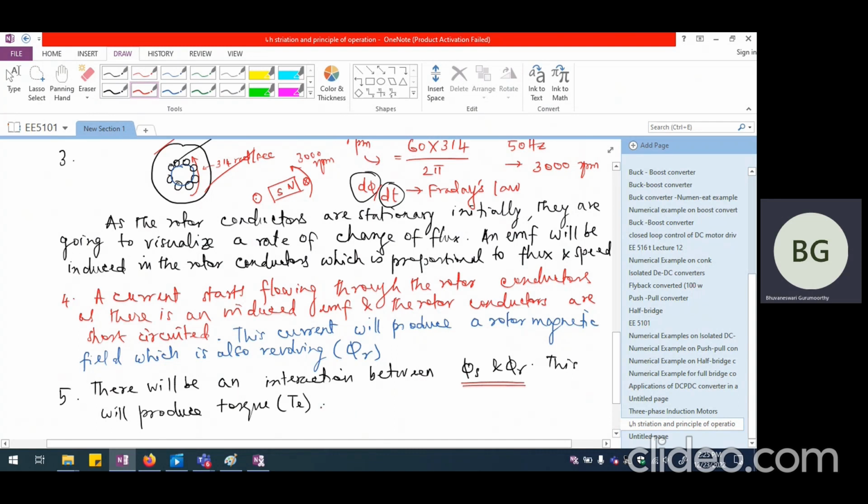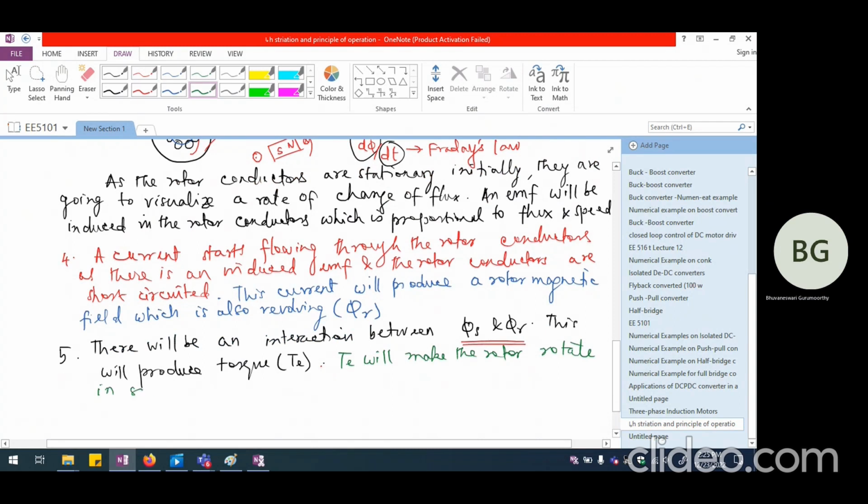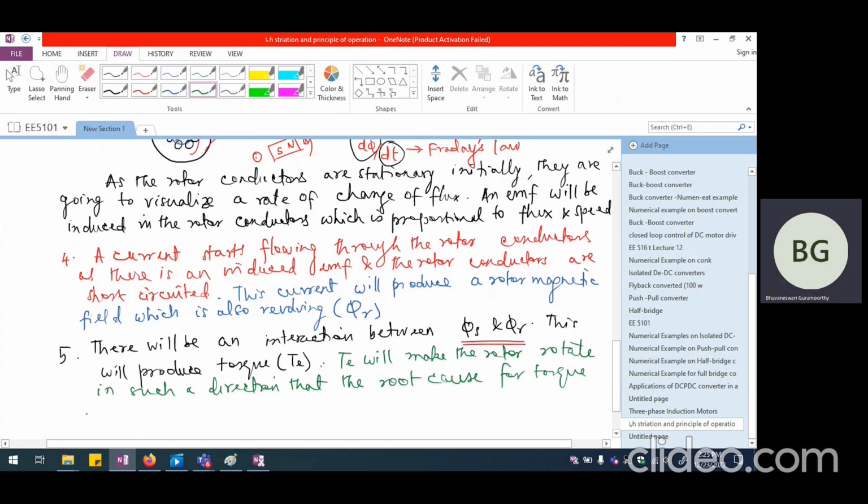So the effect will always oppose the cause. So this torque, this TE, will make the rotor rotate in such a direction that the root cause for torque production will be opposed or nullified. The root cause for torque production is the rotor flux.